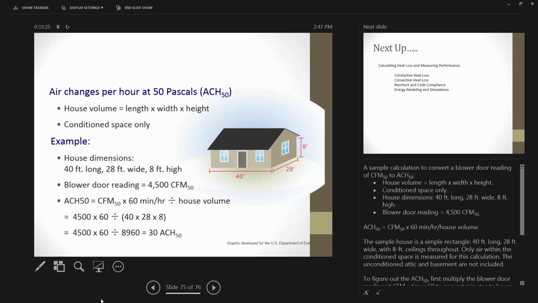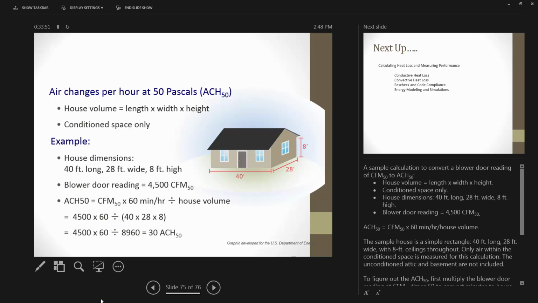You can do this inversely as well to try to get a target. So let's say, for example, we were designing this house and we wanted it to test at 4 air changes per hour. You know your volume, you're at 8,960, right?